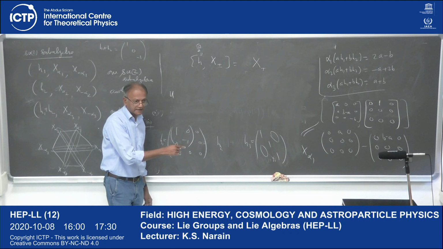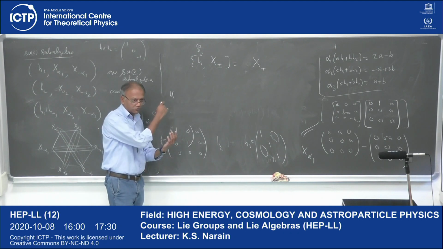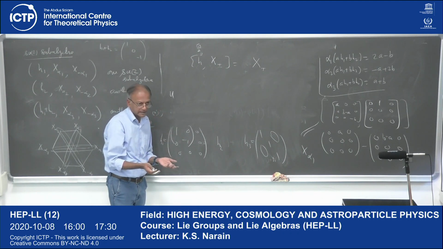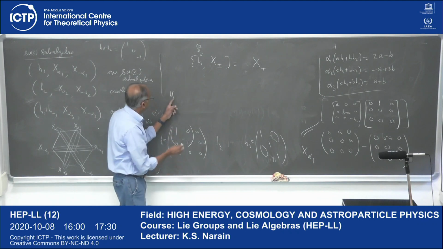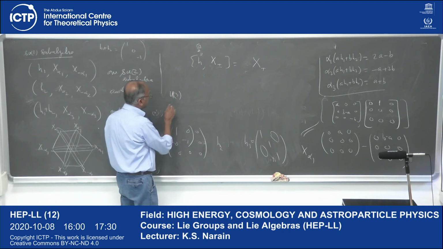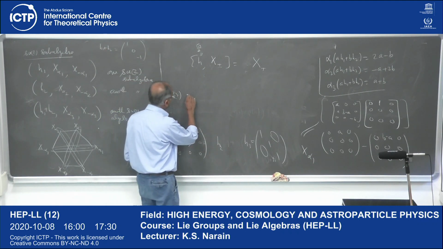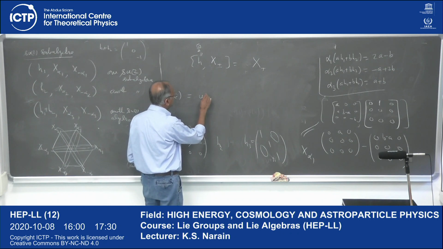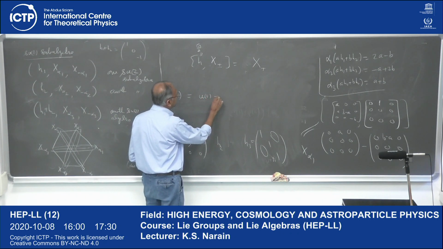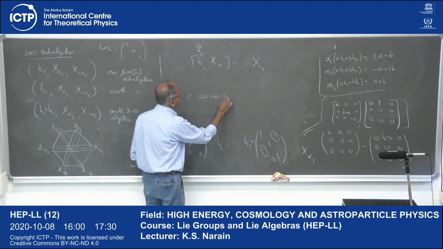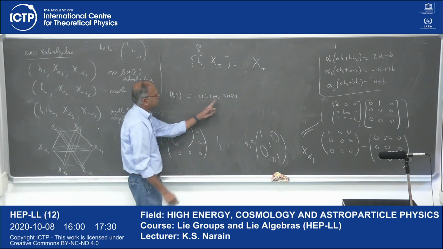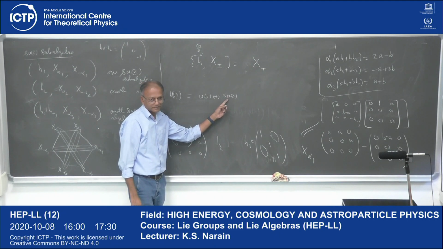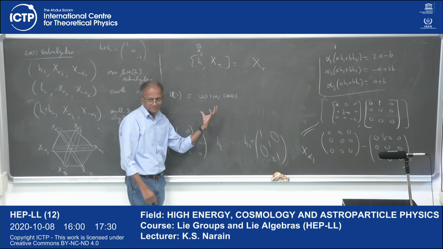If you don't have the tracelessness condition, that means at the level of the group, you're not imposing the determinant equal to 1 condition. So this would be U3, and basically it splits into U1 plus SU2, where this is a direct sum, meaning this commutes with all of it.